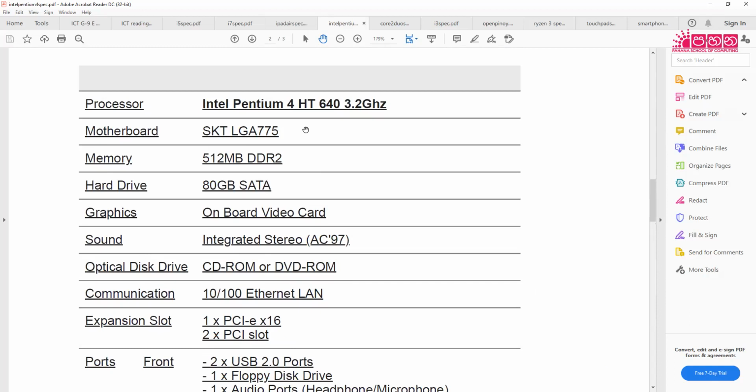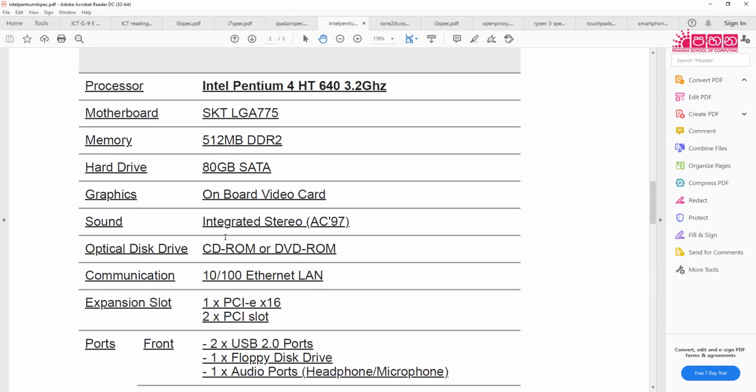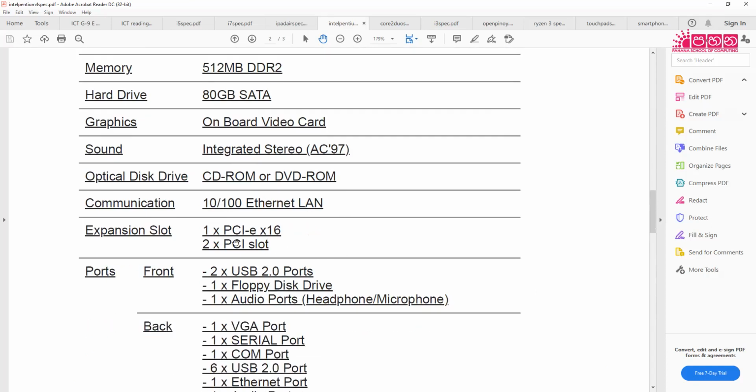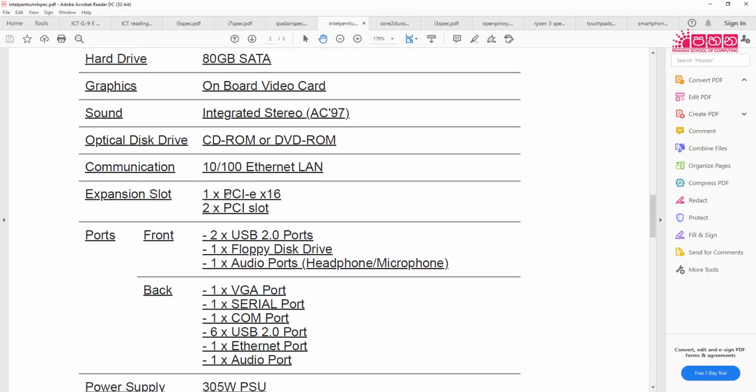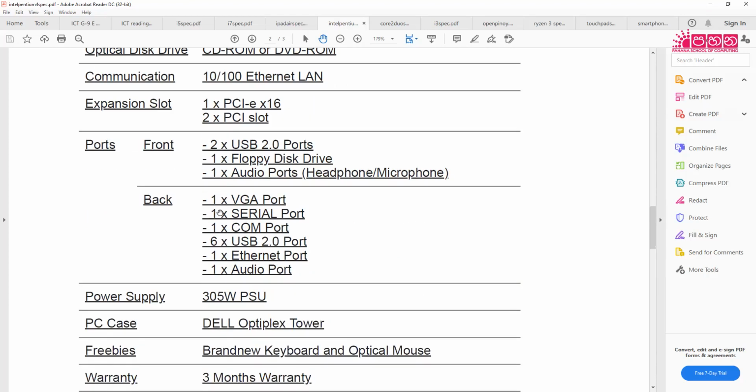It says processor is a Pentium 3.2 gigahertz, memory is 512, hard drive 80 GB, sound card is there, optical disk drive, you have a CD-ROM and DVD-ROM. It supports 10/100 Ethernet LAN. These are the slots: you have 1 PCIe slot and then 2 PCI slots.